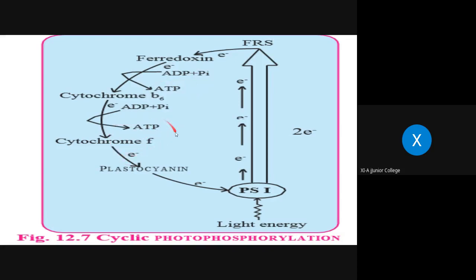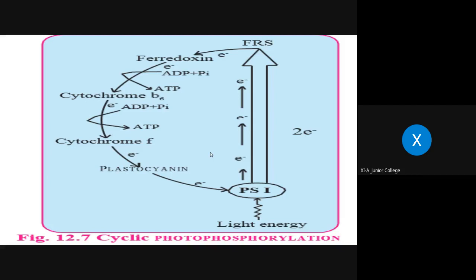So how many ATP molecules are produced in this cyclic way of electron transport? How many? Two, isn't it? So have you understood what cyclic photophosphorylation is? It is the cyclic way of electron transport, because the same electron which is excited and released from chlorophyll A comes back to the same chlorophyll molecule in a cyclic manner.